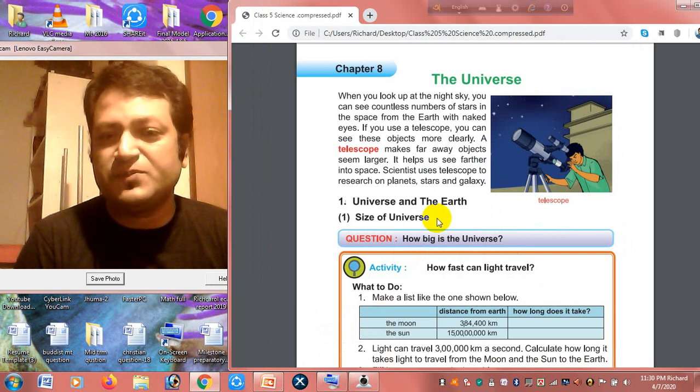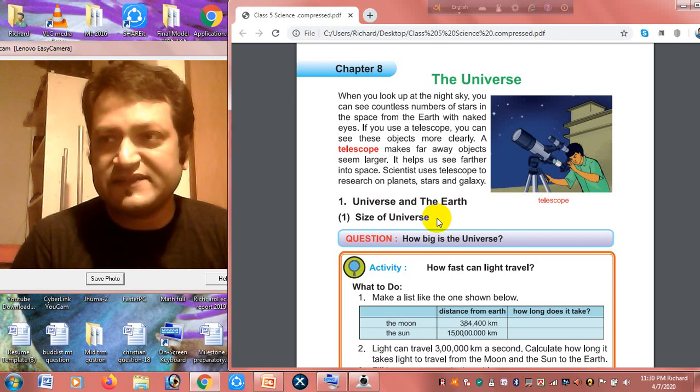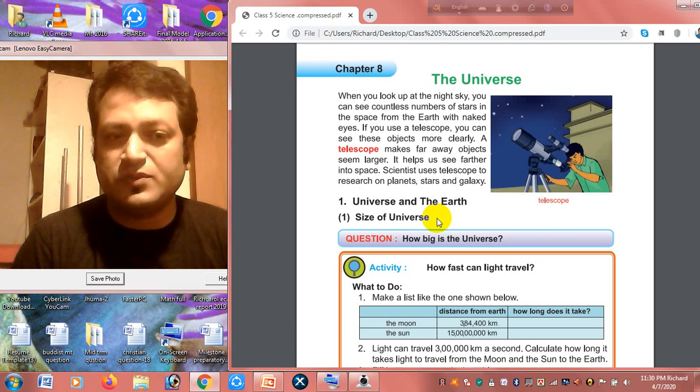Scientists use telescopes for research on planets, stars, and galaxies. So, what is a planet? Do you have any idea? Yes, you are right. It is a celestial or astronomical body that revolves around a star. And what is a star? It is also a celestial body which has its own light, and different planets revolve around the star.